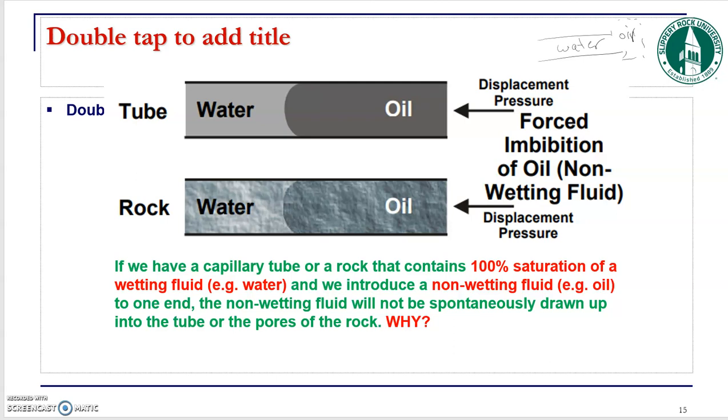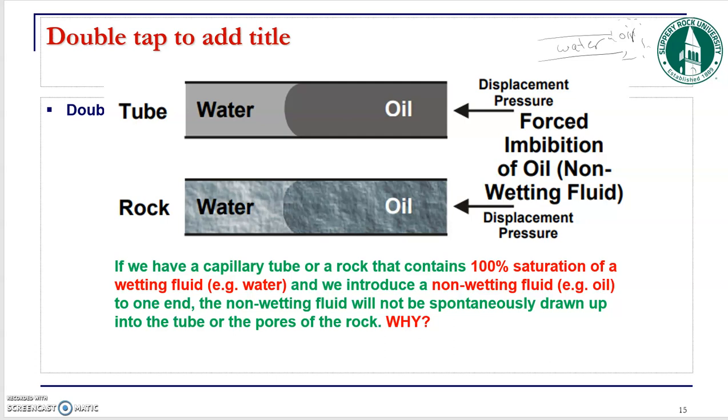Now, oil is the non-wetting phase. Does oil like the surface? Nope. Water likes the surface more than the oil, right? So oil cannot displace the water out of the pore by itself. You need some force, some push on the oil in order to displace the water, because water is the wetting phase.